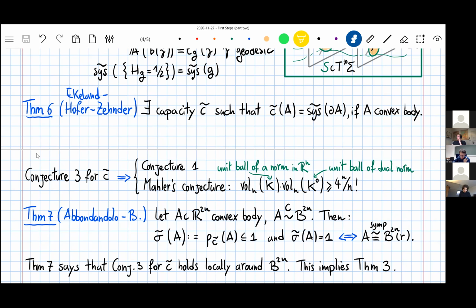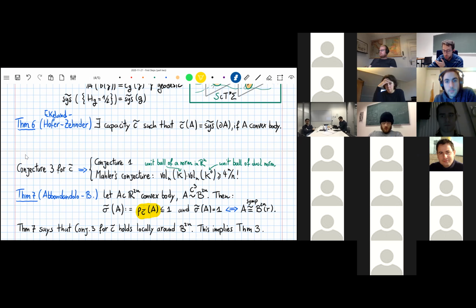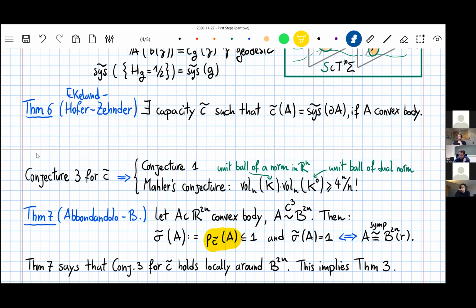Namely, if you have a convex body which is C^3 close to the ball, then you can consider this ratio rho C tilde of A, which you can also call sigma tilde of A in analogy with what we saw in the Riemannian case. Then this will be less or equal than 1, with equality exactly when you are symplectomorphic to a ball. This is exactly the local version of conjecture 3 for C tilde.